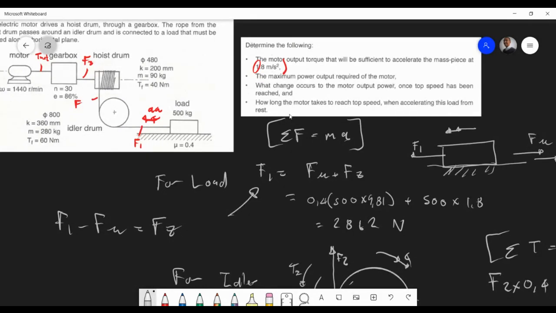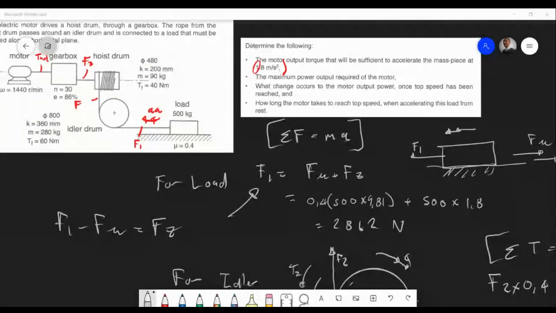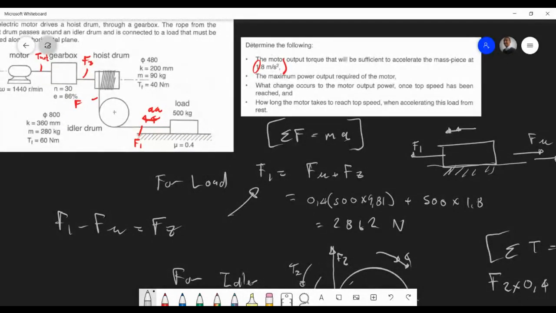So what change occurs to the motor output power once top speed has been reached? Who can tell me? What happens when the top speed is reached? Quick.